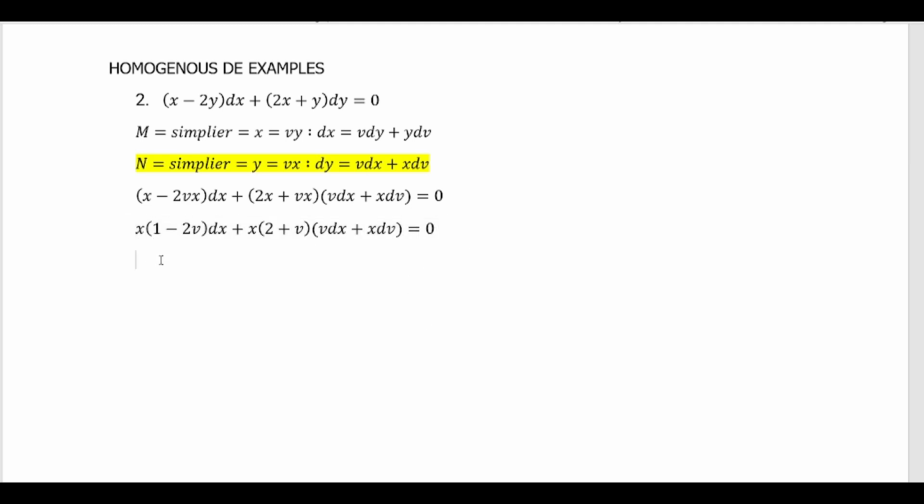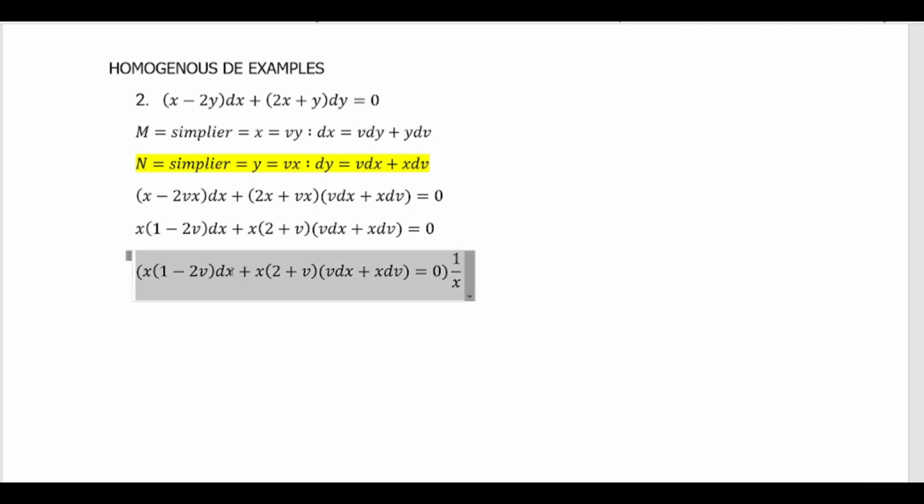Which means we can now cancel out x in both terms by multiplying all sides by the fraction 1 over x. Then of course that will cancel out the x, and we will be left with these terms: (1 minus 2v) dx and this term.